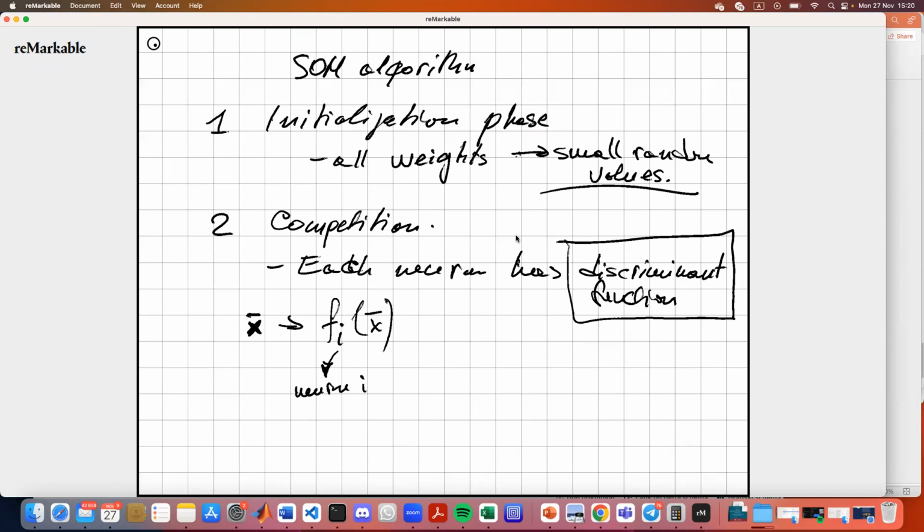Later on, you take a minimum over all i's of this Fi to determine a winner. Once the winner node is determined, you transition into a phase which is called cooperation.